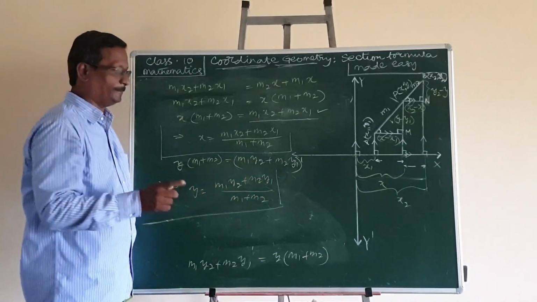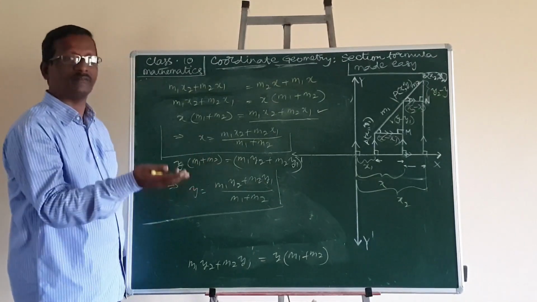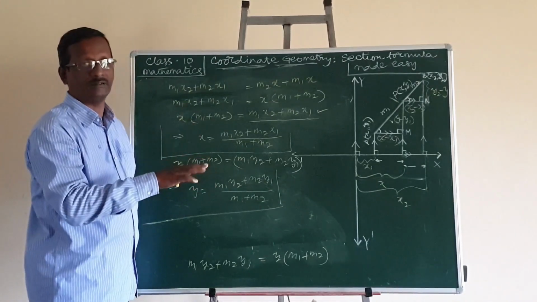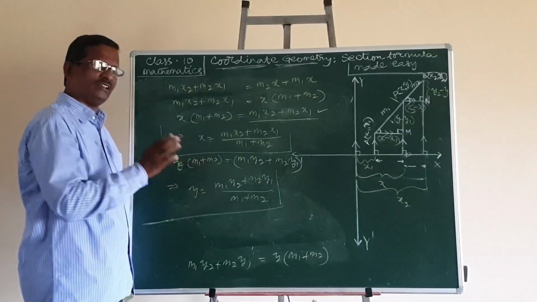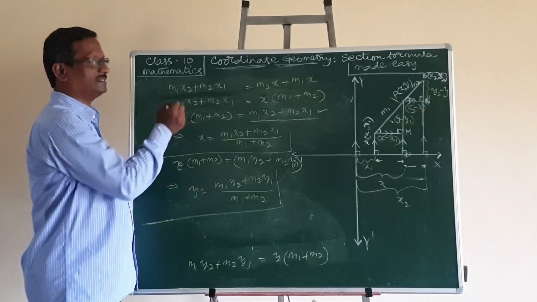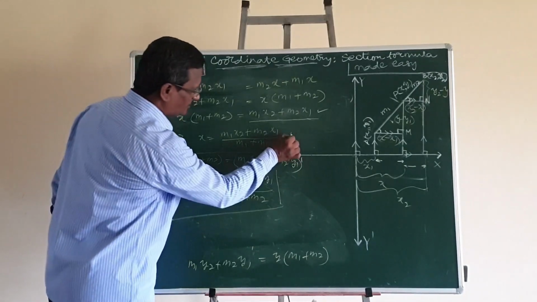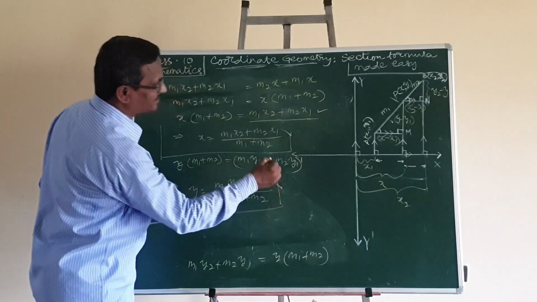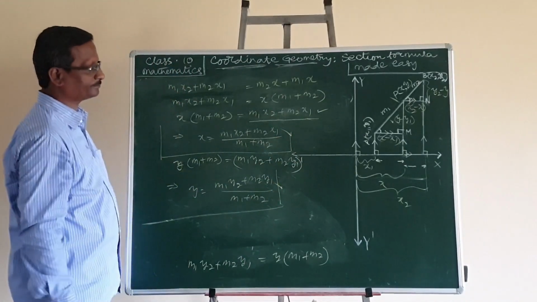So, if you feel a bit difficult to remember this m1, m2, y1, y2, m1 y2, m2 y1, all these things, it is very easy to remember when you write one step in a systematic way. So, the same values, how I write and how easy it is to remember, I will explain.